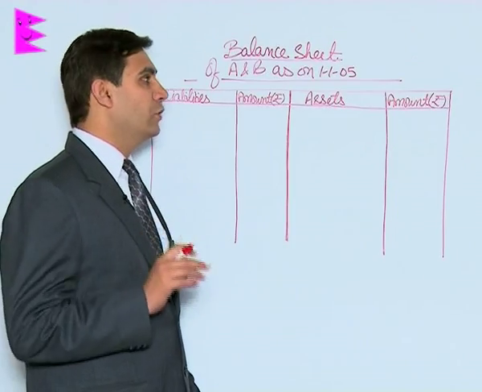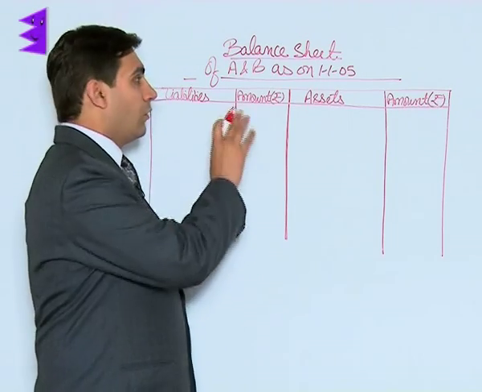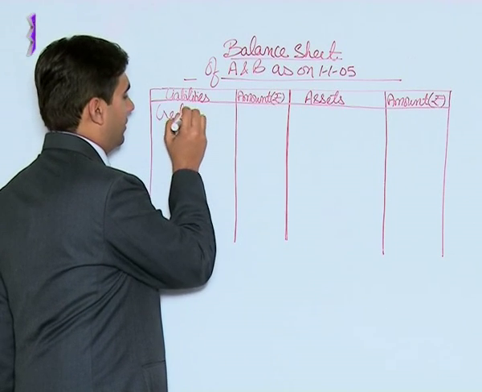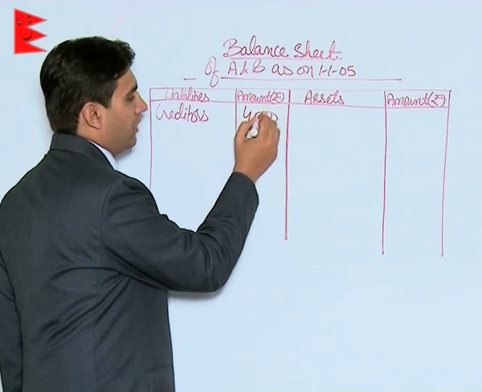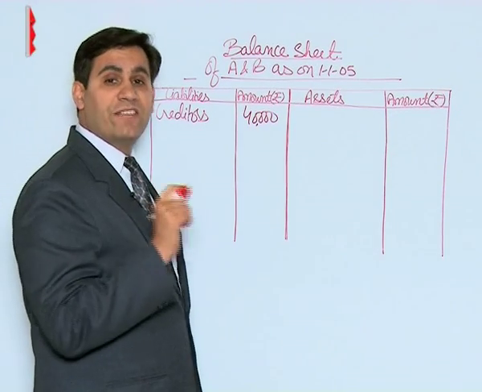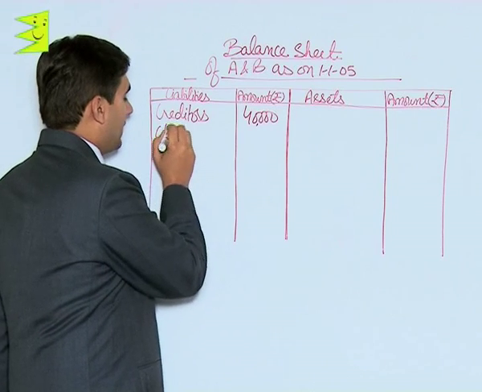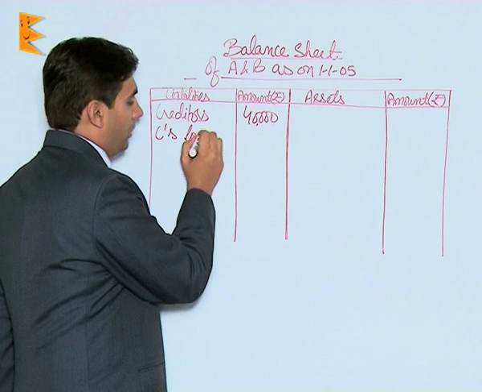The balance sheet of the new firm, that is with continuing partners A and B, would appear like this. On the liability side, we will have creditors. Creditors will have an amount of 40,000 because they were revalued at 40,000. Now students, C's capital would now be transferred to C's loan account.